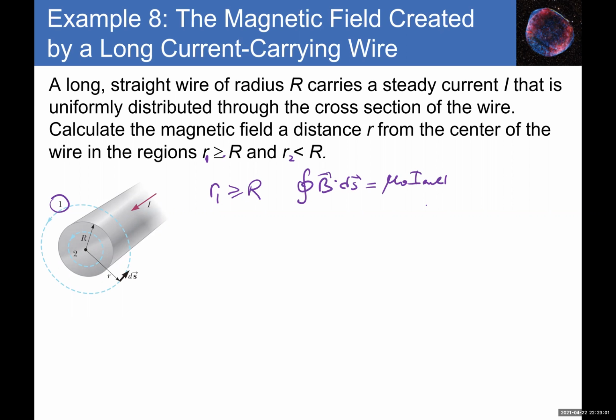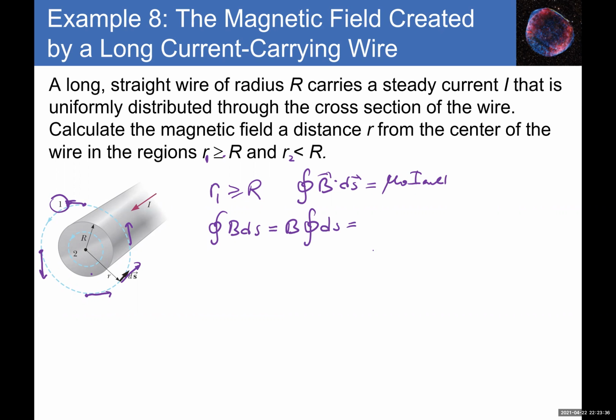Now, along loop one, the magnetic field is everywhere constant. That means the magnetic field is always tangent to the path like this, and it has the same strength because it has the same distance R1 relative to the center of the wire. So I can replace the dot product with just the integral of B ds, which is the magnetic field out of the integral, times the closed integral of ds.